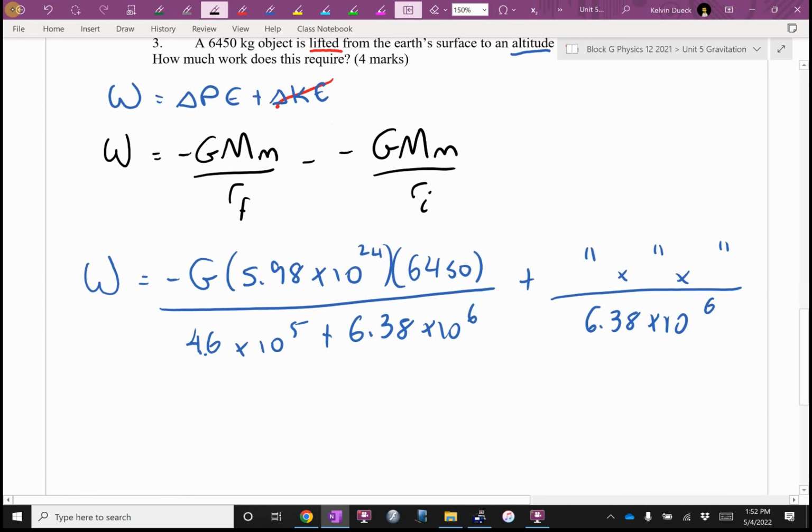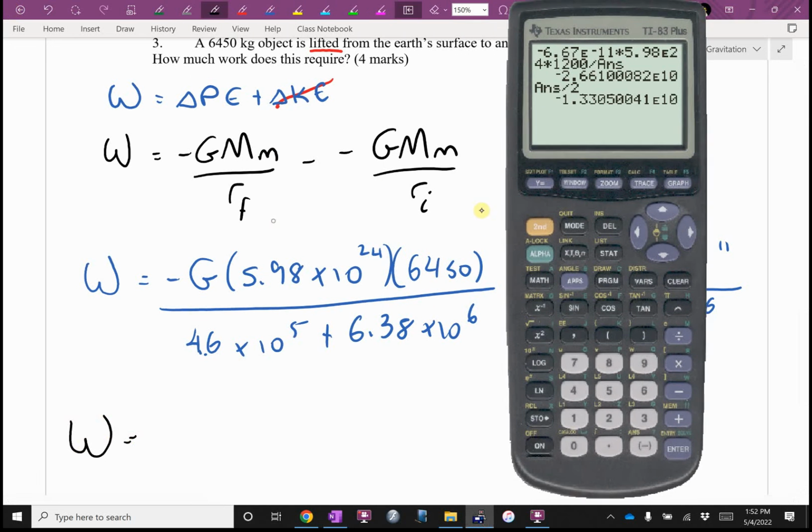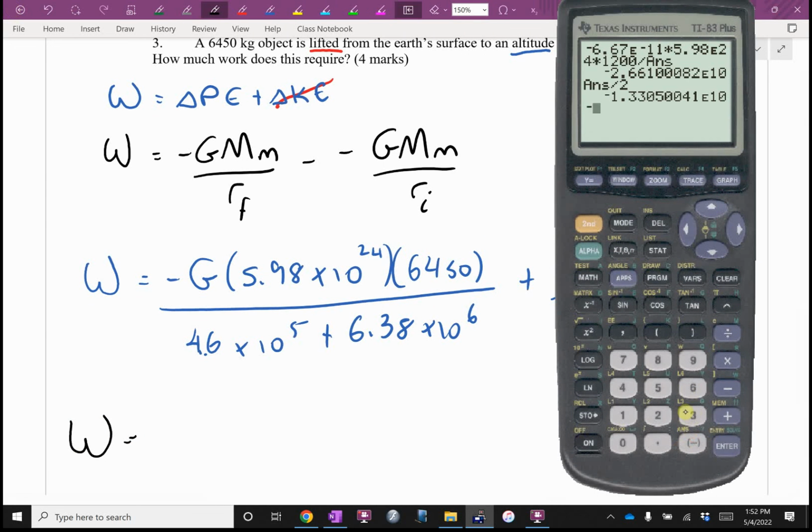Alrighty. I'm going to do these one term, one fraction at a time. Negative 6.67 times 10 to the negative 11 times 5.98 times 10 to the 24th. I got a minus sign there. I meant to hit a times sign there.